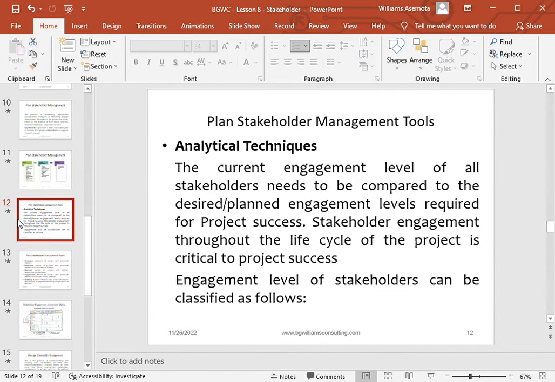But now the analytical technique is saying that you have to quickly recheck, cross-check, verify: the way I'm engaging with these stakeholders now, is that how I planned to engage them? So that I will keep getting the necessary support that I need to have a successful project throughout the project. So that is the reason for this stakeholder engagement technique.